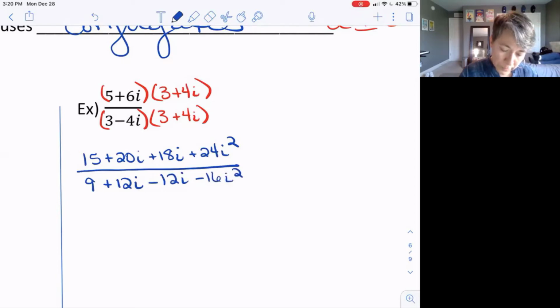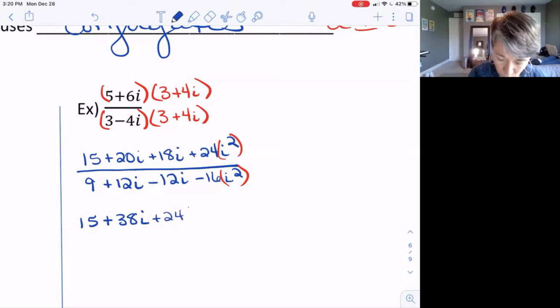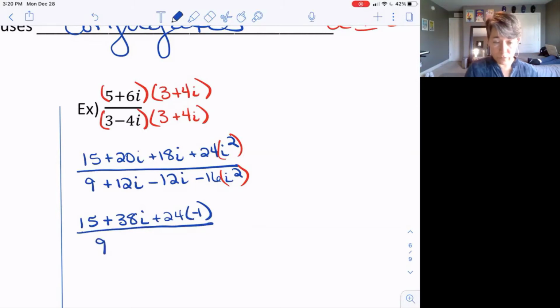So remember, we need to replace all of our i squares with negative 1. So in the top, we would get 15 plus 38i plus 24 times negative 1. The denominator is 9. 12i minus 12i is 0.